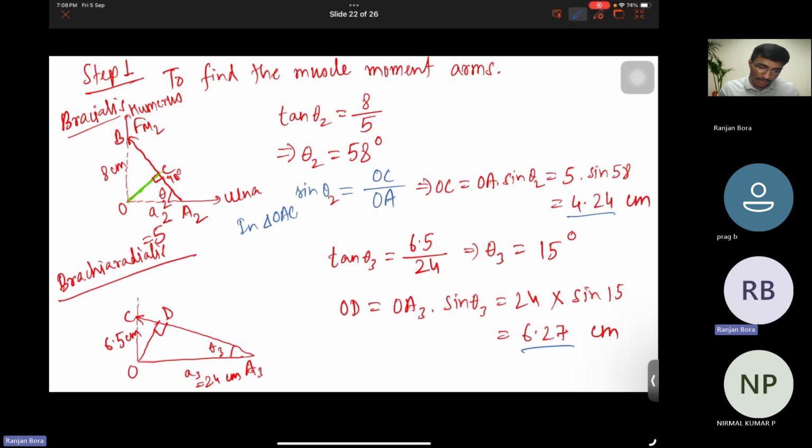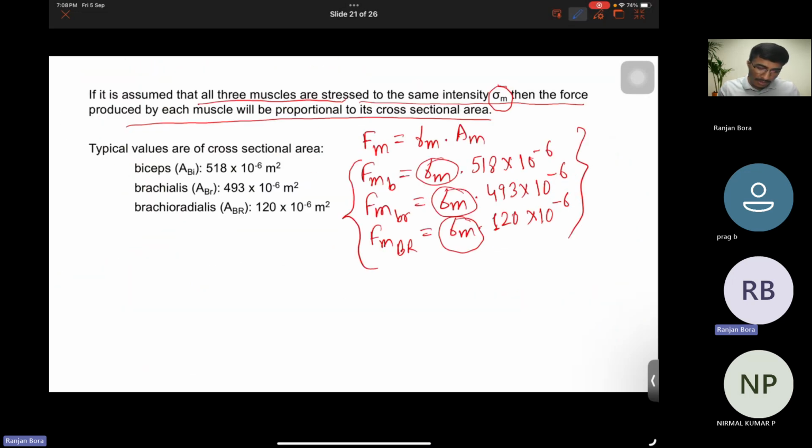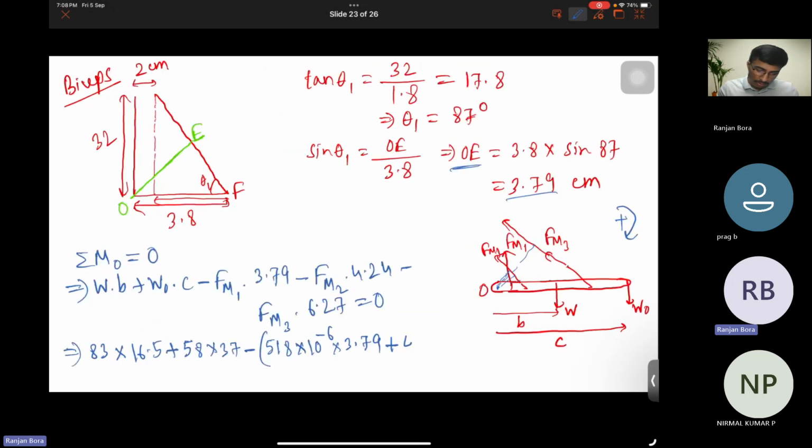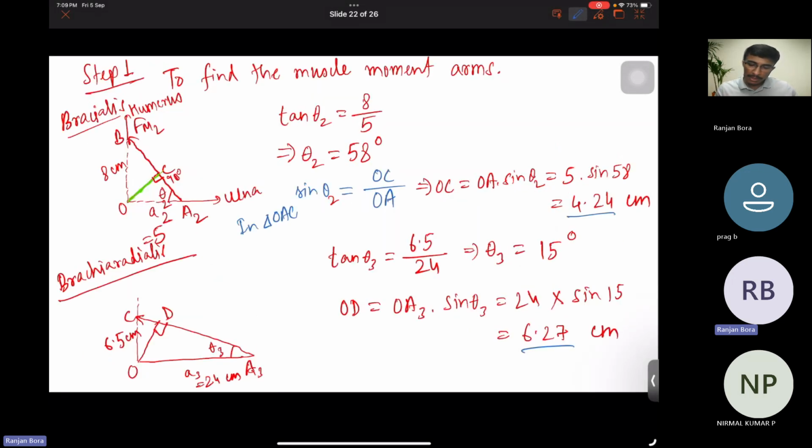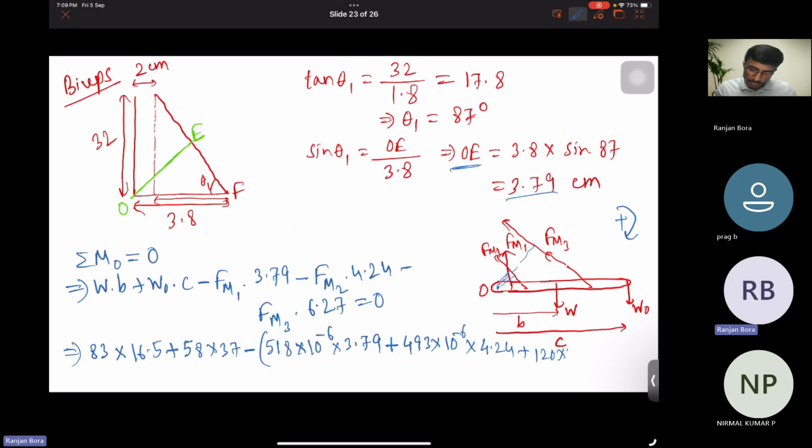Then FM2 was brachialis, 493 into 10 power minus 6, and the moment term was 4.24. And for brachioradialis, it is 120 into 10 power minus 6, and the moment term is 6.27. All this is multiplied by sigma M equal to 0.